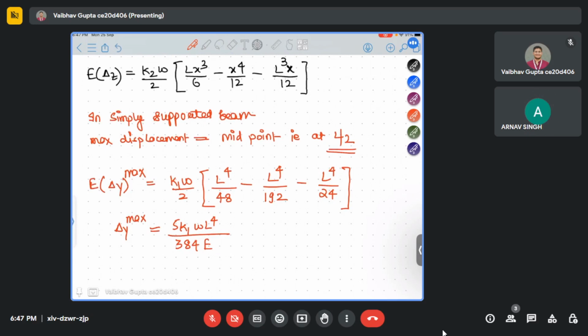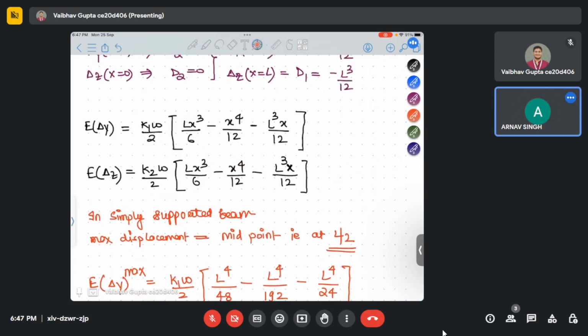Understood or shall I explain more? Sir, what have we found, maximum displacement in y direction? See, here we got the expression of displacement of y. Yes, in y direction, for a simply supported beam.